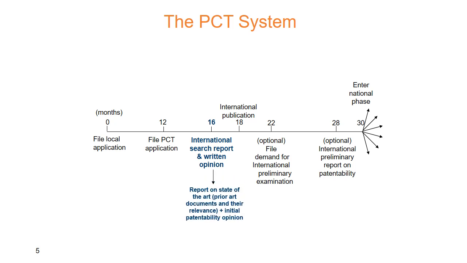Prior art means everything which has been made available to the public anywhere in the world, by means of a written document, which helps in determining whether the claimed invention is new or does or does not involve an inventive step.